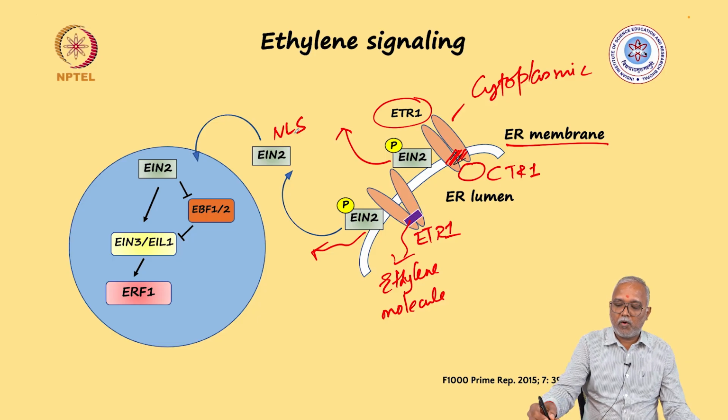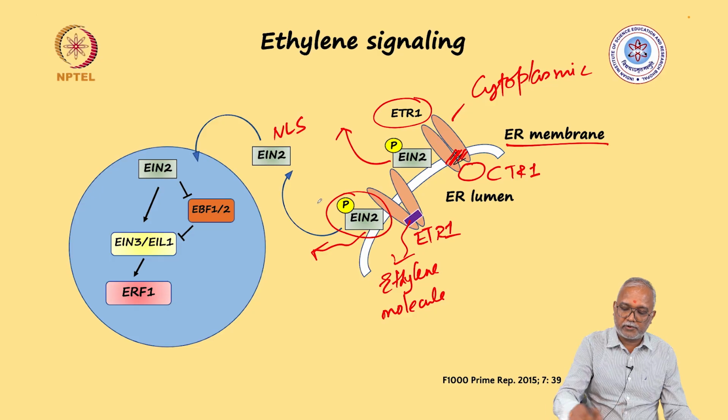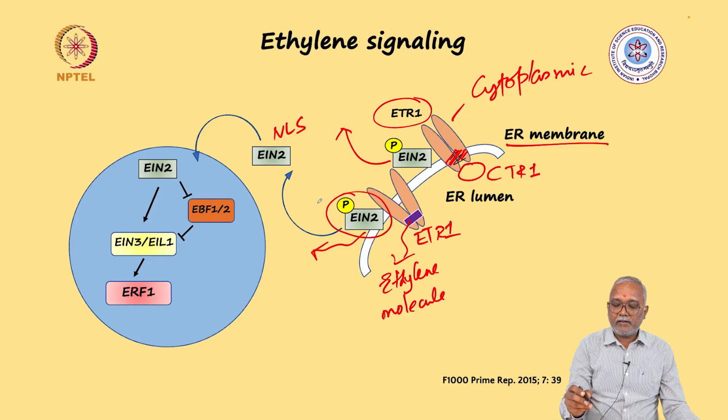So you saw how the presence of ethylene changed the conformation of the receptor, which affected the phosphorylation status of EIN2. And the location of EIN2 is sensitive to its phosphorylation status. It is either in the ER membrane proximity or it is going into the nucleus.